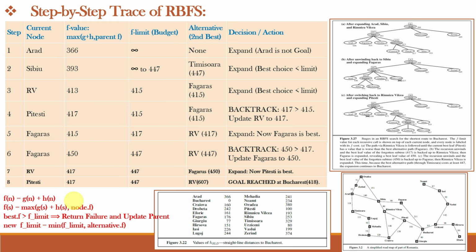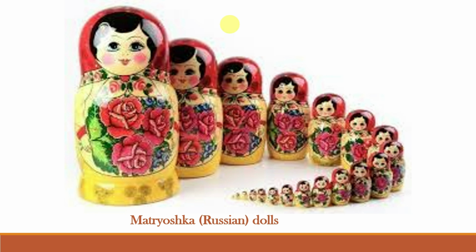So all this mathematics takes place inside the algorithm of RBFS to find a solution. So think of this RBFS or recursion like this. Each time the computer calls the function RBFS search, it is like opening a Matryoshka doll. When we call Arad, we open the big doll. When Arad calls Sibiu, we open the next one. When Sibiu calls Rimnicu Vilcea, we open another one.